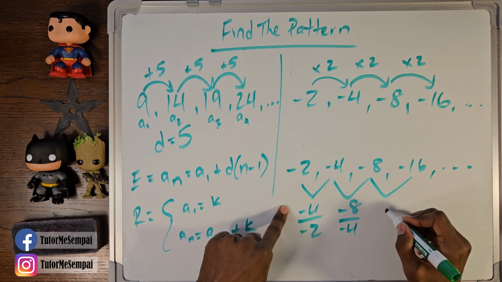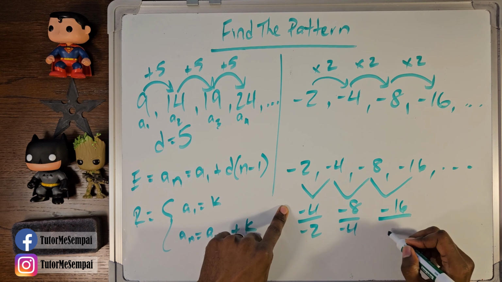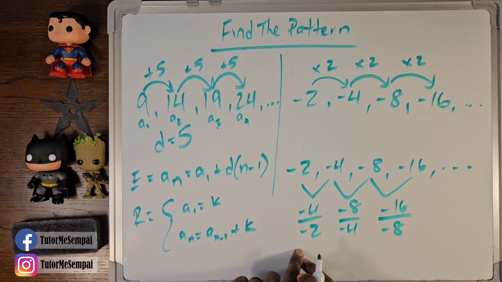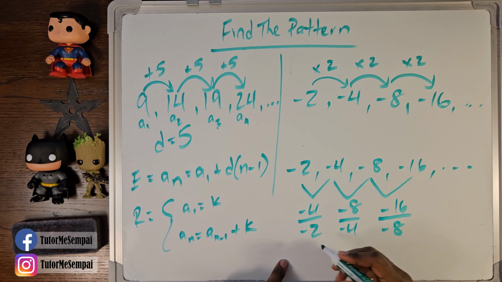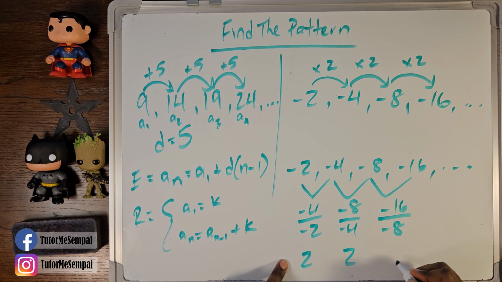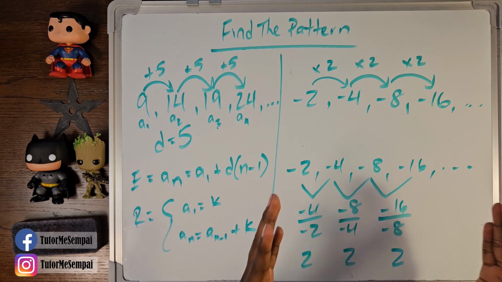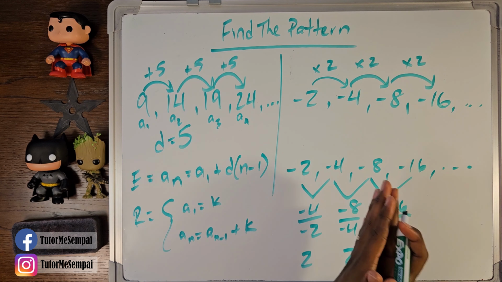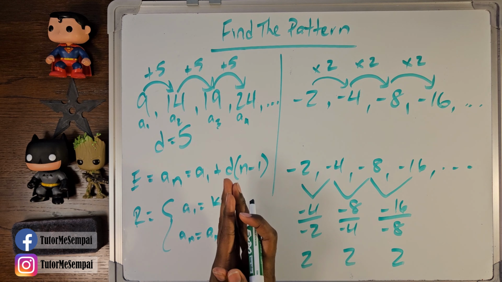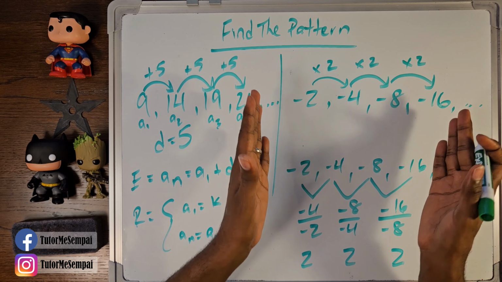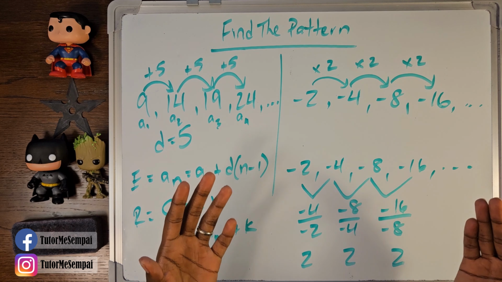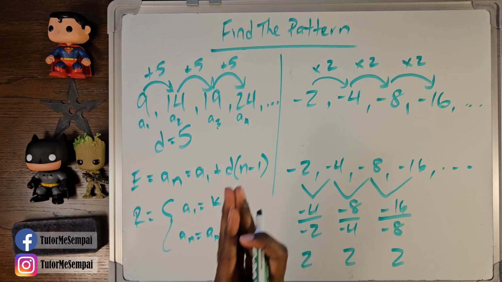This is going to be -16 over -8. If you were to simplify all of these, you see that you get 2, 2, 2. You have a consistent ratio between any two consecutive terms. So whether you find a common multiple or a common ratio, you're going to be doing the same thing. Just use the one that makes more sense to you.